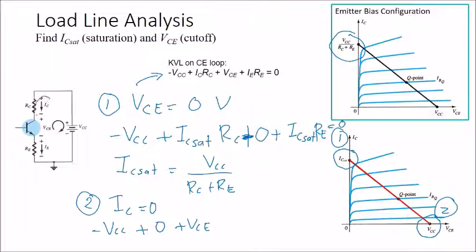Since IC is 0, there is no input, so there is no output, so IE is also equal to 0. You will have 0 here equal to 0, and then you will find that the value of VCE is equal to VCC.